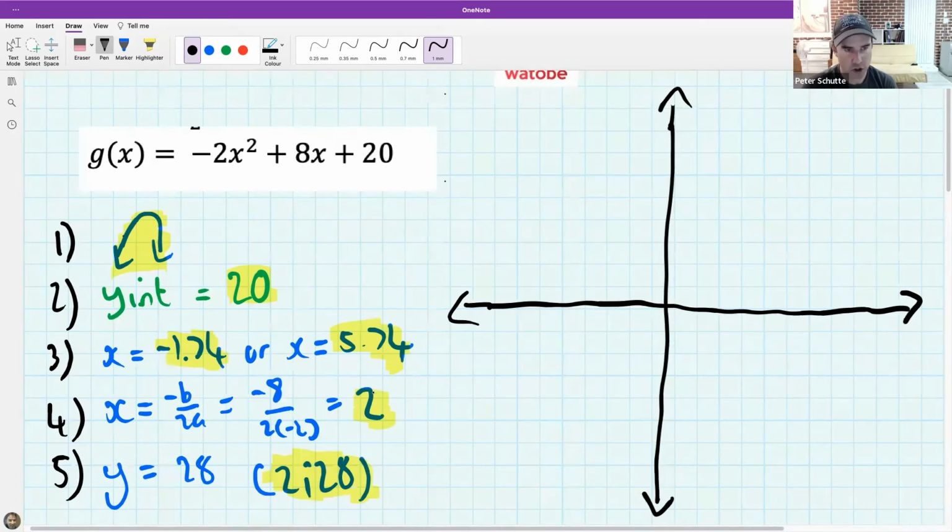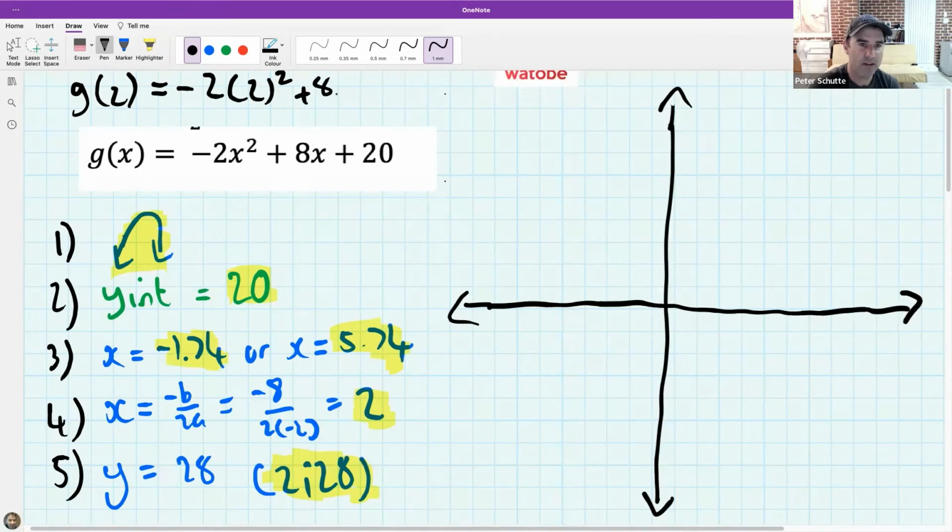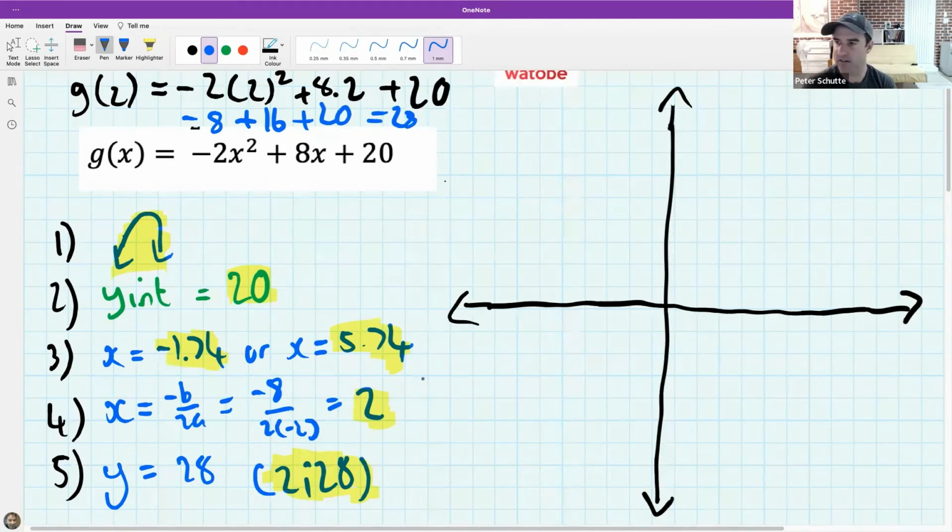I took the 2 and I put it back in the original equation. So it's almost like we would go -2 times 2 squared, plus 8 times 2 plus 20. Does that help? And so if you look at this, this ends up being -8 plus 16 plus 20, which gives me 28.